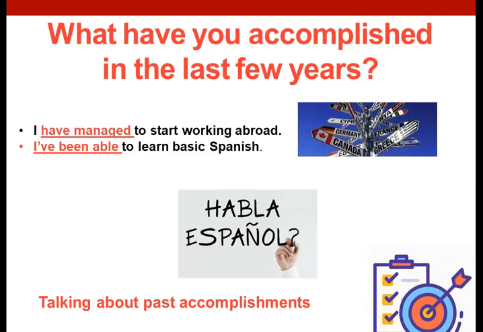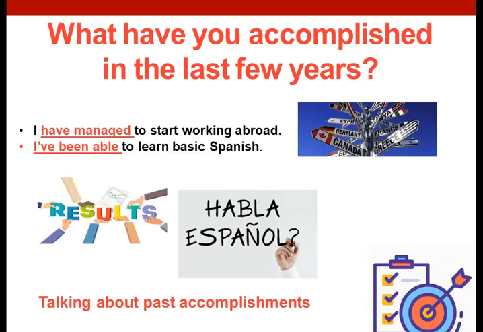Why do I use the present perfect? Well, if you remember the usage of this tense in the English language, the main focus of the present perfect is the focus on result. It's not important to mention when it happened. What is more important is what happened as the result of this action.